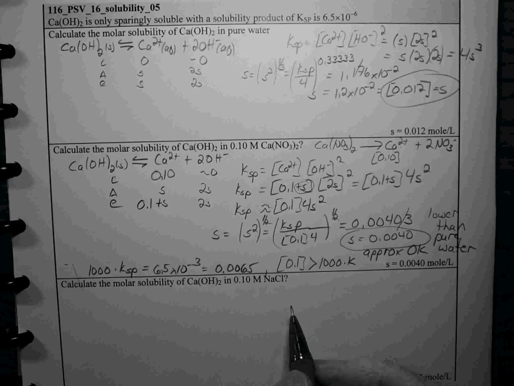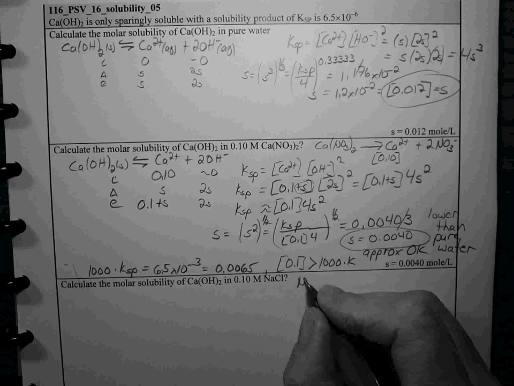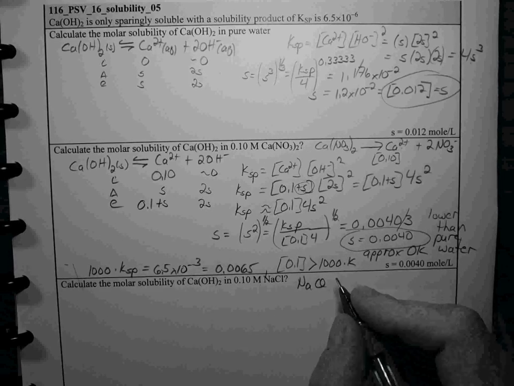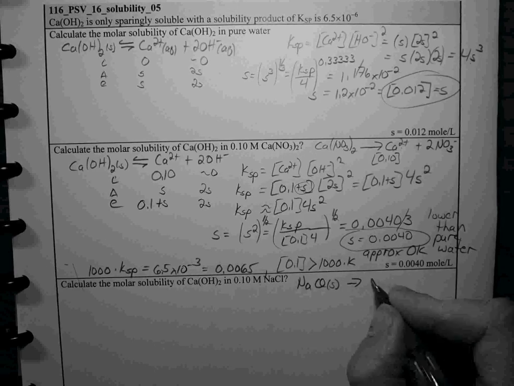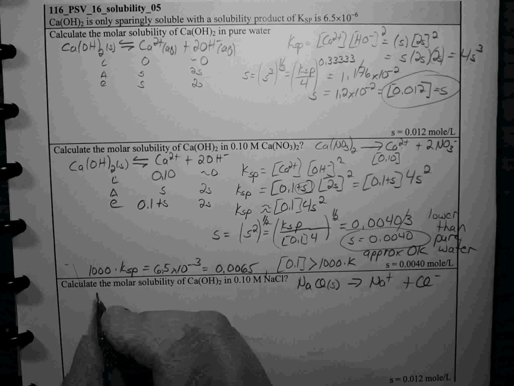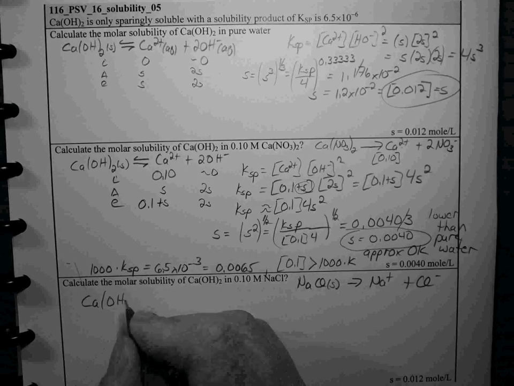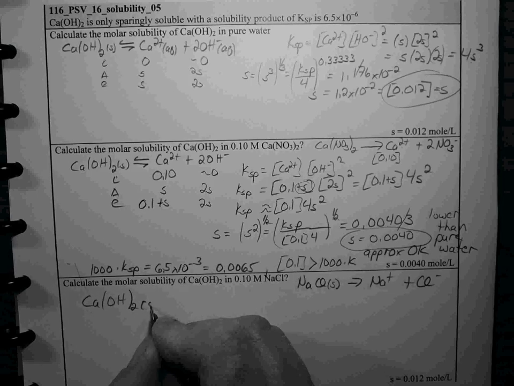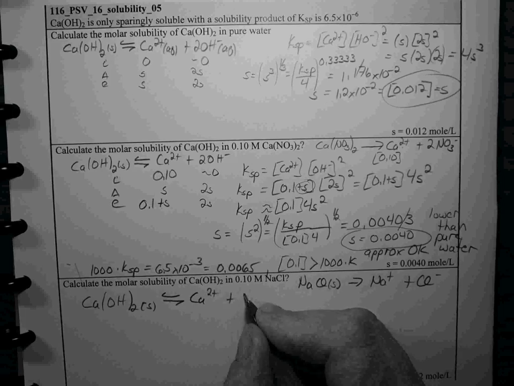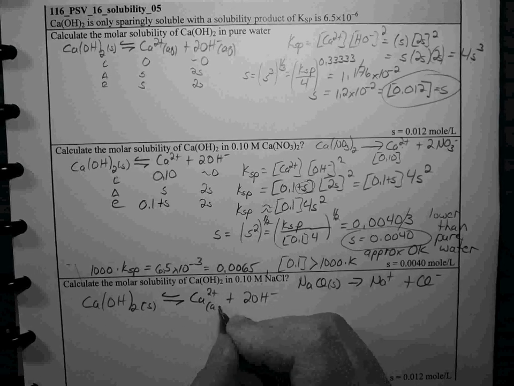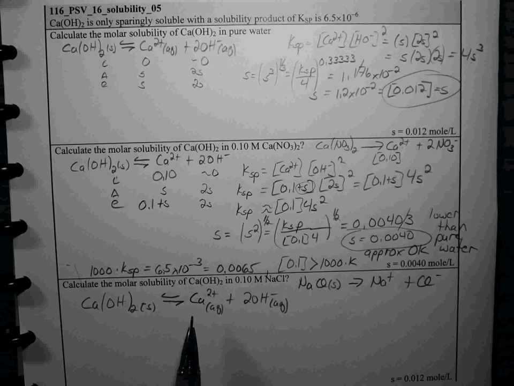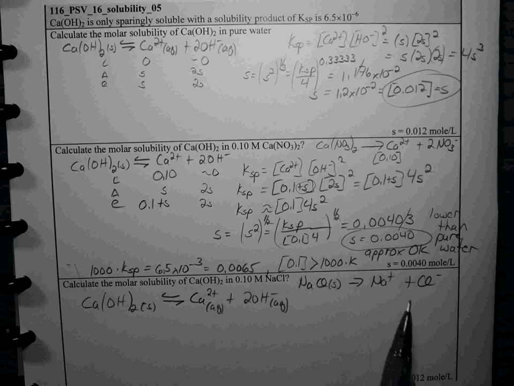Alright, so let's continue and consider a solubility problem where we have sodium chloride instead of pure water as our initial solution. So you have sodium ions and chloride ions in solution. If we look at calcium hydroxide dissociation, our equilibrium involves calcium and hydroxide ions.